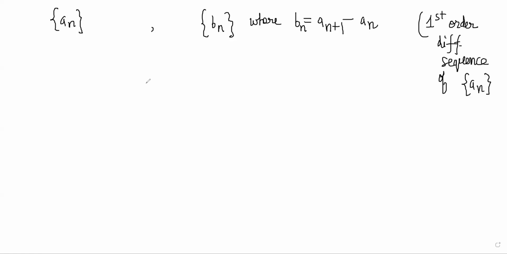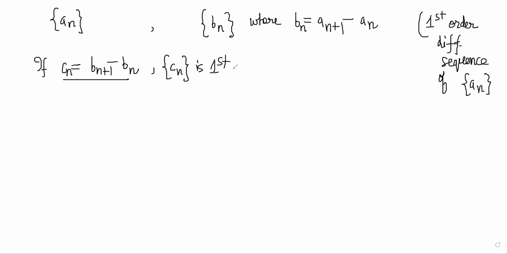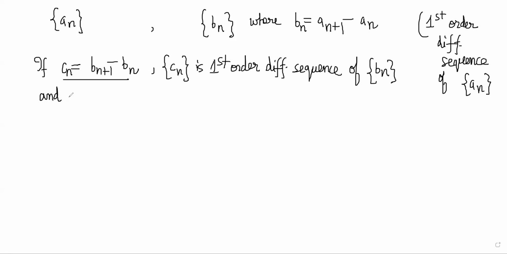And then we can define Cn equal to Bn plus 1 minus Bn. Then Cn is the first order difference sequence of Bn, because it is the difference of successive terms of the Bn sequence, and it is also called the second order difference sequence of An.